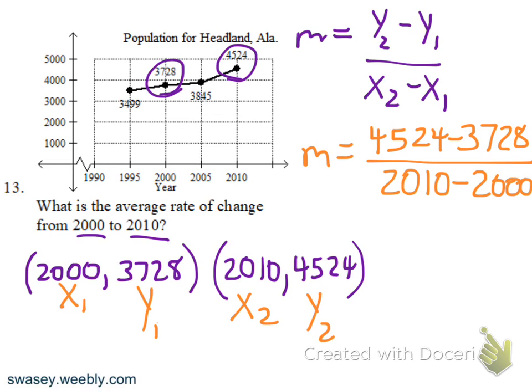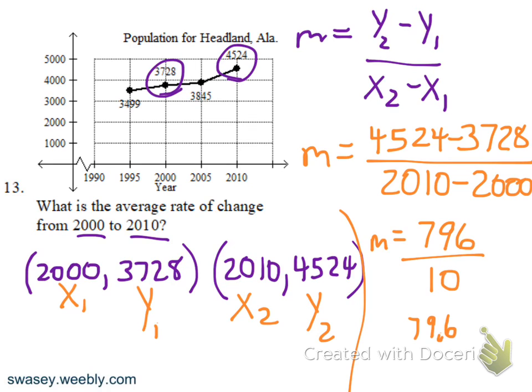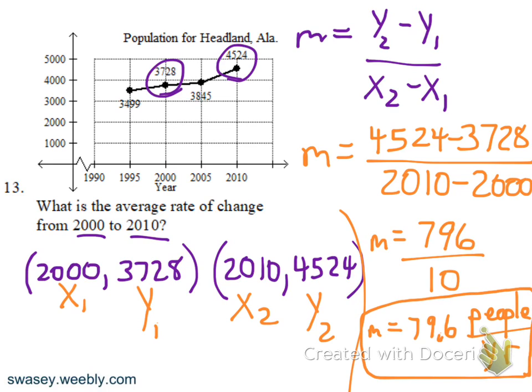Subtract on top, subtract on the bottom. And then 796 divided by 10 gives us 79.6. Our units here, it's people, or population, per year. Average rate of change, same thing as slope.